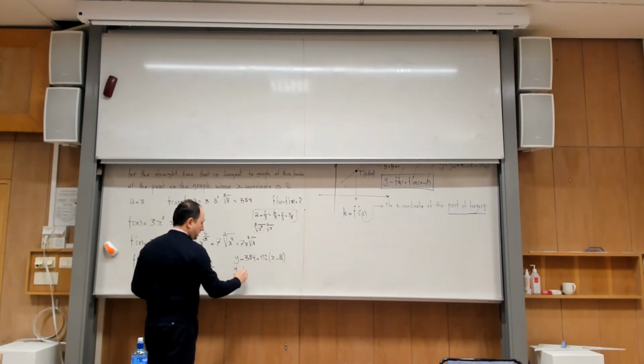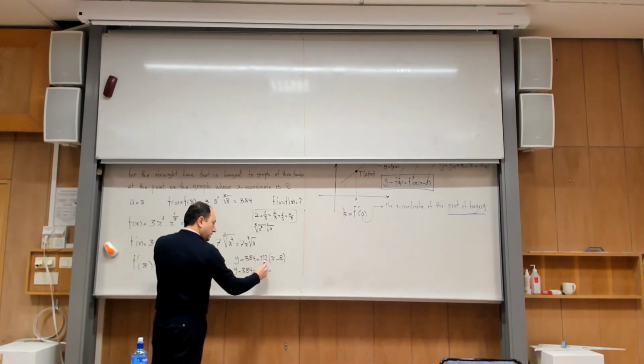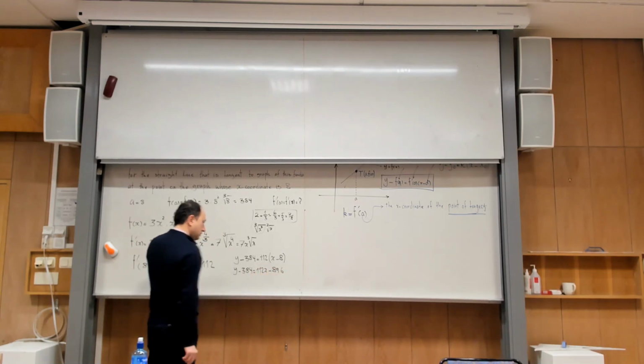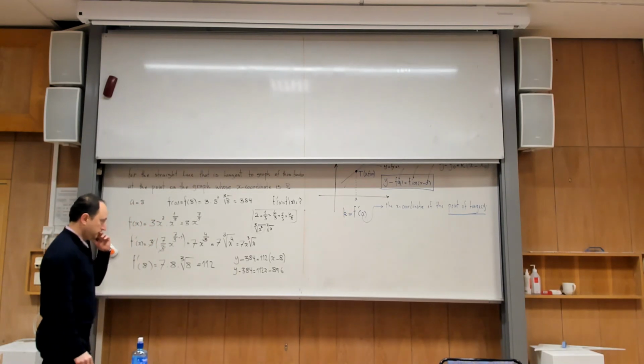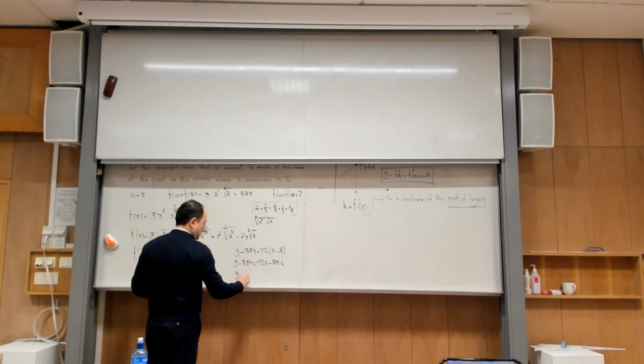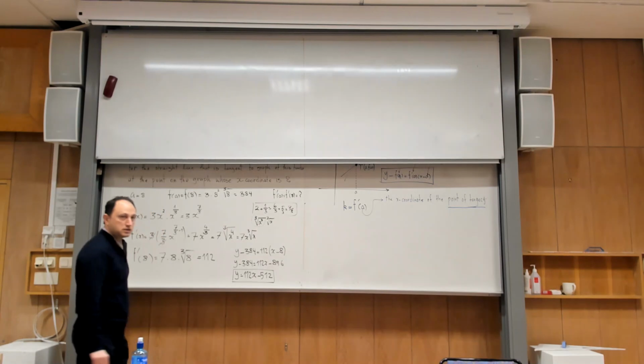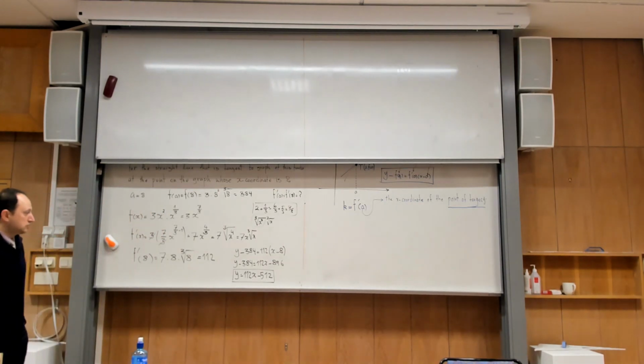So y minus 384, I multiply 112 in, so this becomes 800, and that one is 96, so 896. Yes, and then I move this one to the other side. 2, 1, 5, negative. So that is the answer that you're supposed to get.